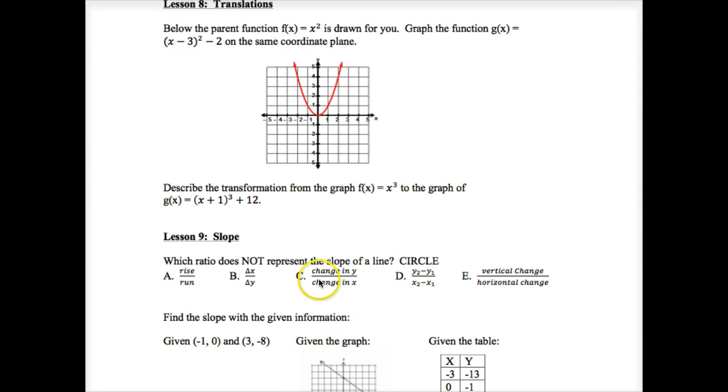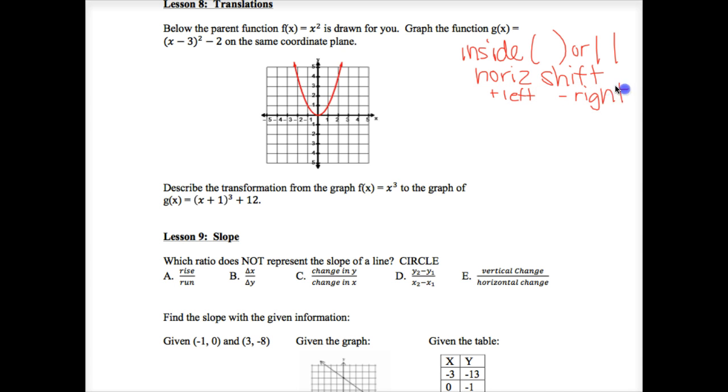Translations here. So when you are doing these, remember that when you have something inside the parentheses or absolute value bars, if it's that type of function, those are horizontal shifts. Positive means it's a left shift.